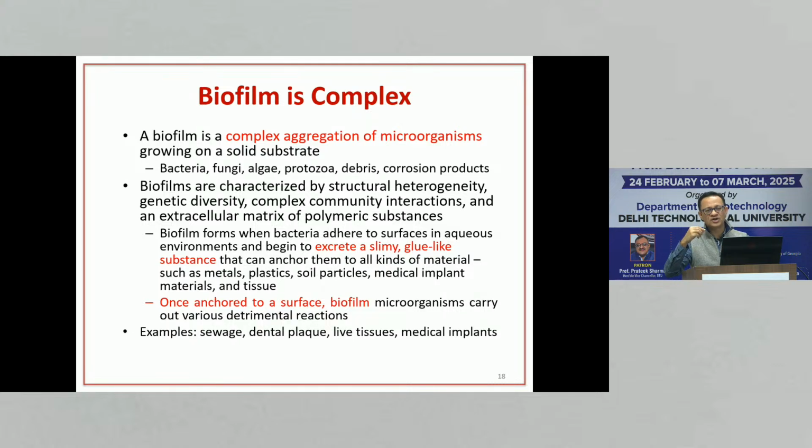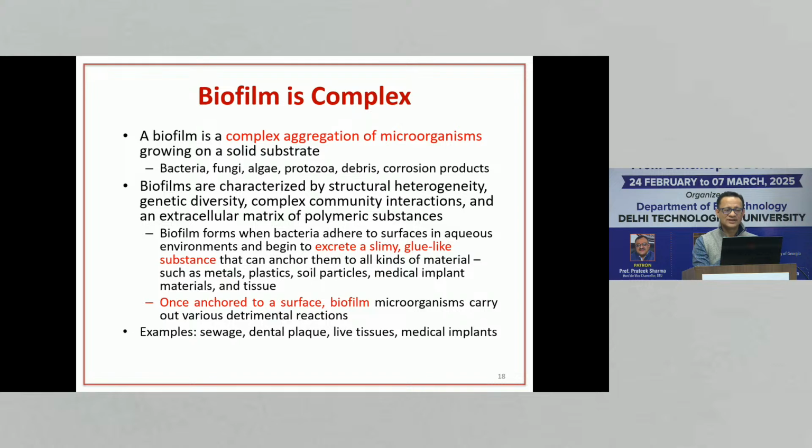So when bacteria colonizes a surface or a medical device, let's say, it's multiplying, but at the same time, it's also forming this complex, heterogeneous, polymeric substance around it, like a gluey thing or a slimy thing on the surface to protect the bacteria inside that slimy thing. All this is biofilm.